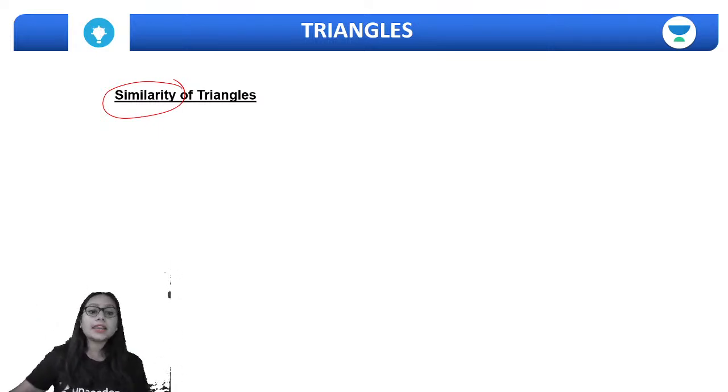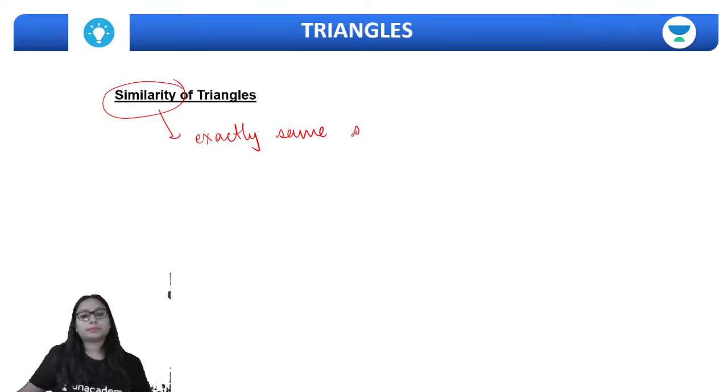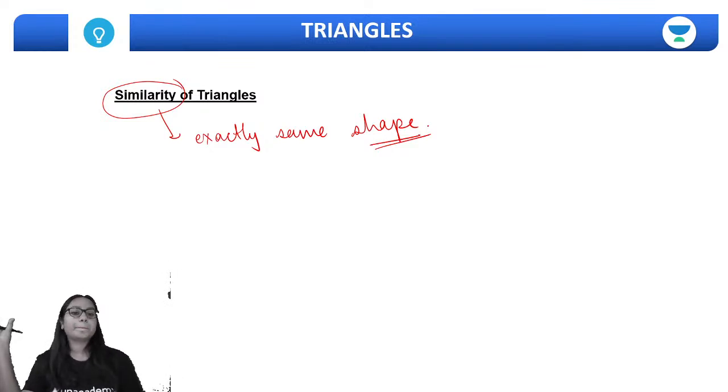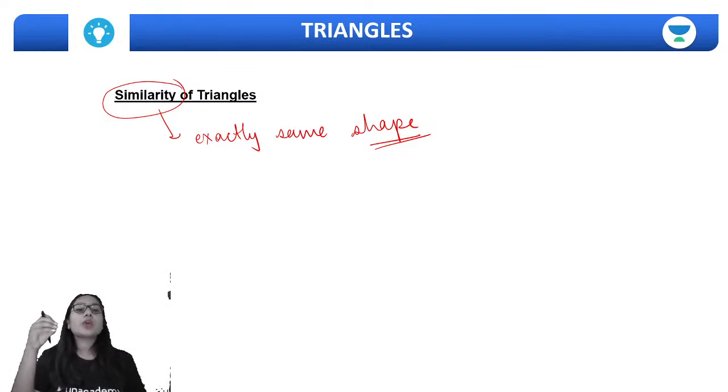Similarity means any two objects, shapes, or figures should be of exactly the same shape. Their size may not be the same. Any two figures which are of the same shape are similar to each other.